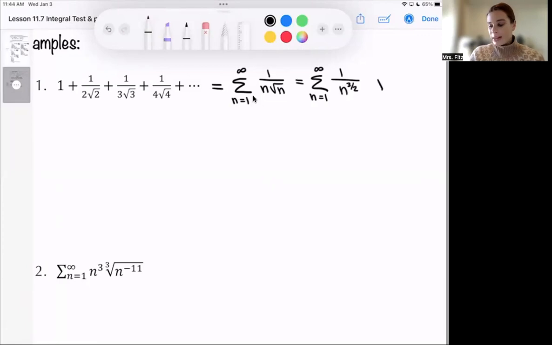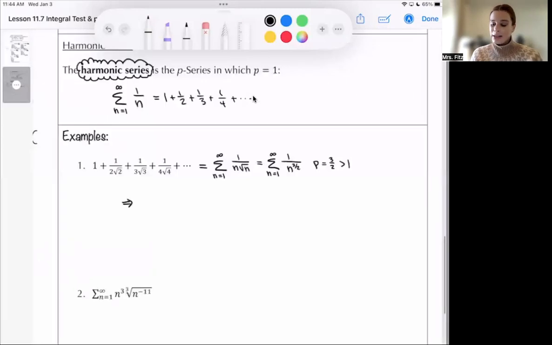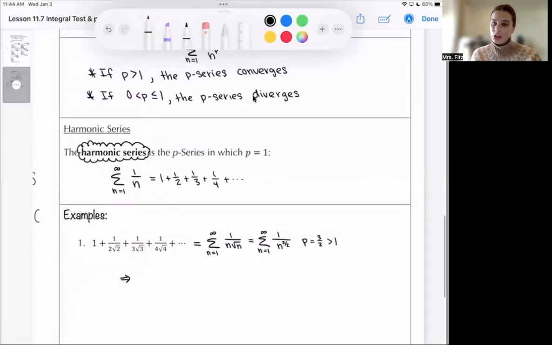Well, p in this case is 3/2, which is greater than 1, right? So what do we know about a p-series where p is greater than 1? Well, we know that it converges, right?